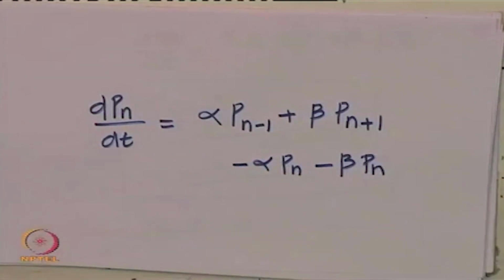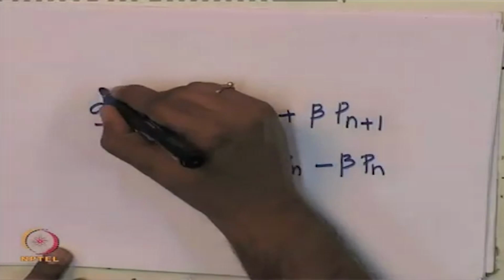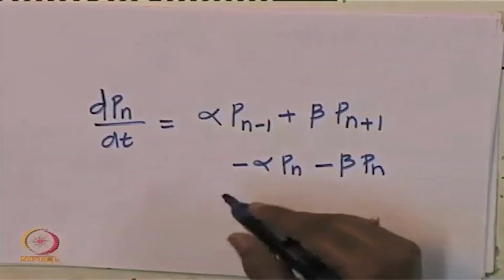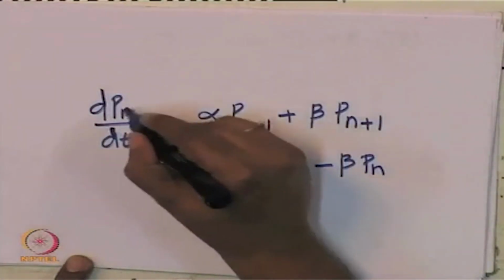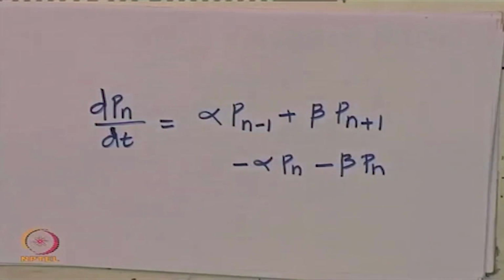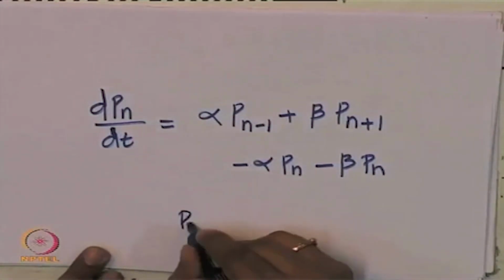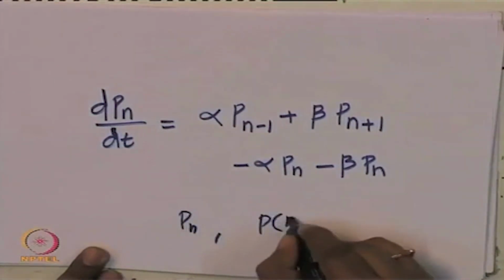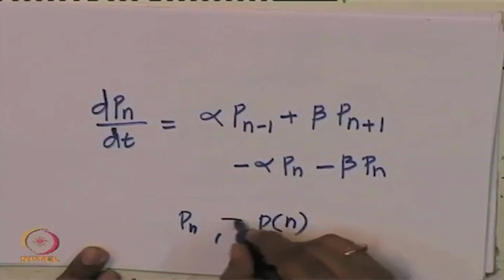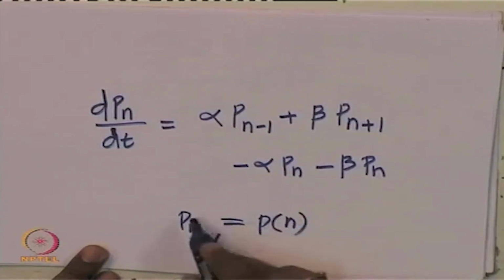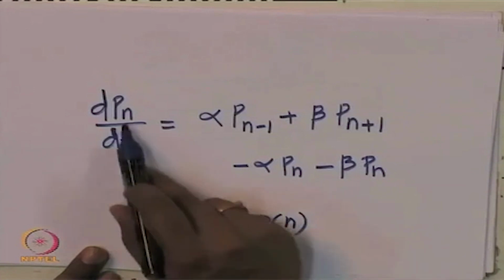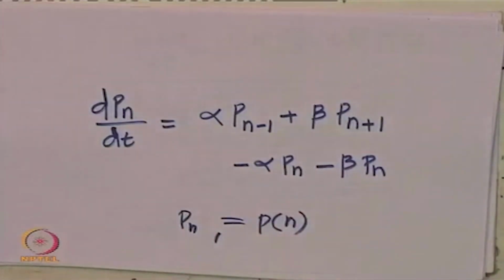So what does this mean? This is the master equation for how the P n changes with time. Probability to have n monomers, sometimes I will write as P n, sometimes I also write P n. So both are equal. I might use both the notations, but here I use this notation for simplicity.